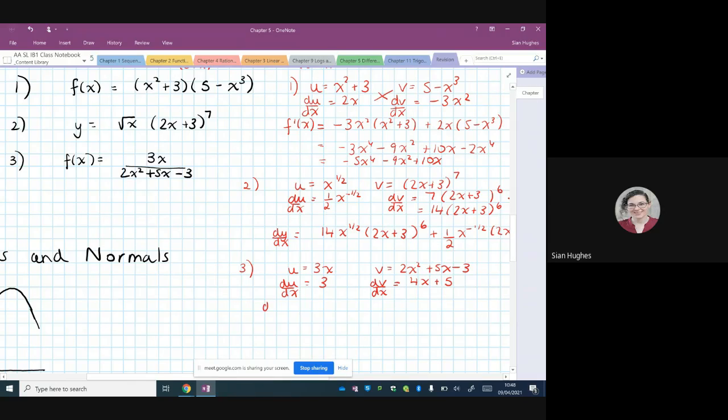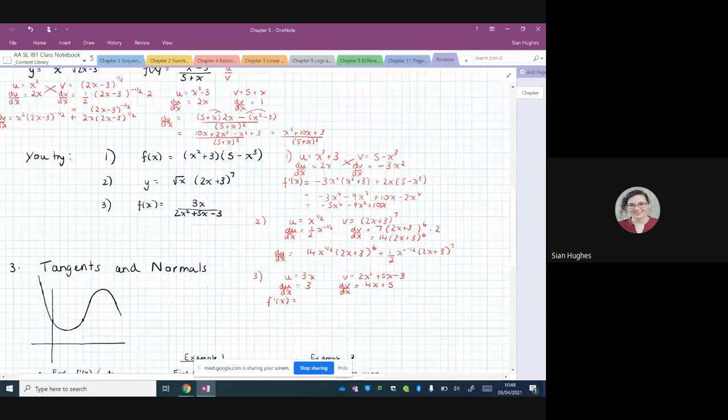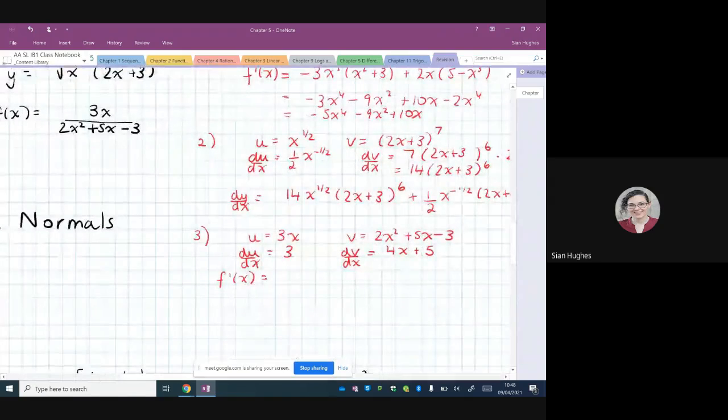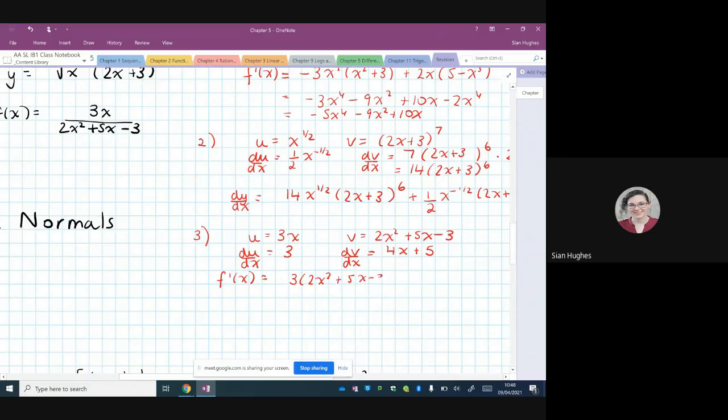And our quotient rule this time is the green rule all the way up here. So v du dx minus u dv dx. So we're going to have 3 times this one, minus 3x times (4x plus 5), all over v squared. And I could expand and simplify that, but I'm going to leave it as it is now.